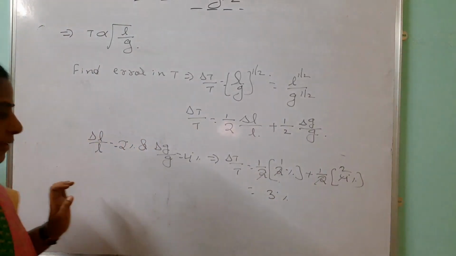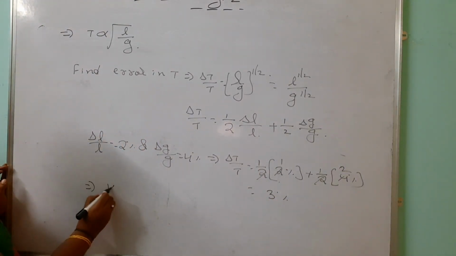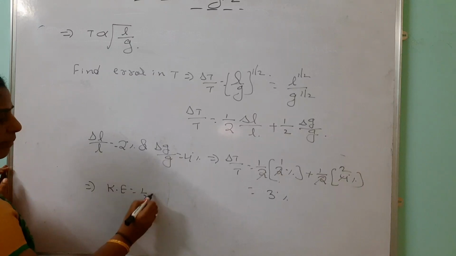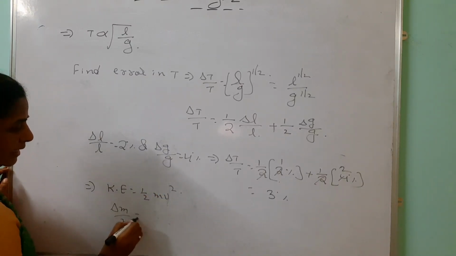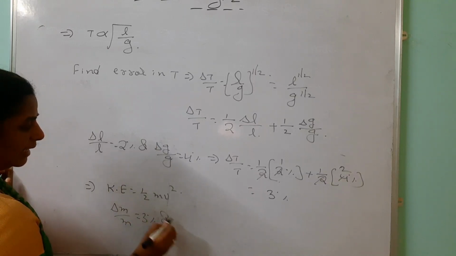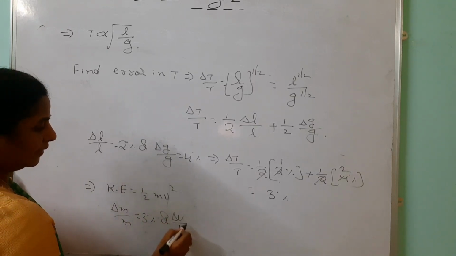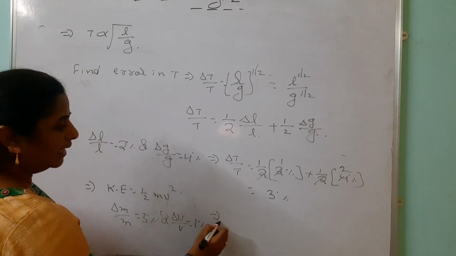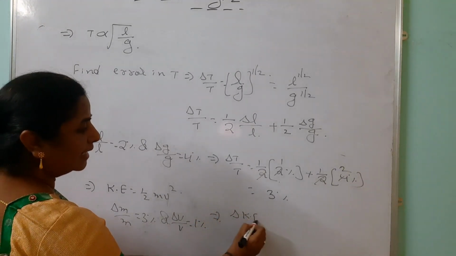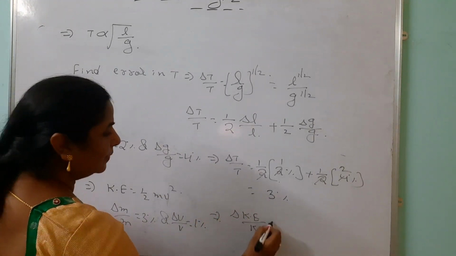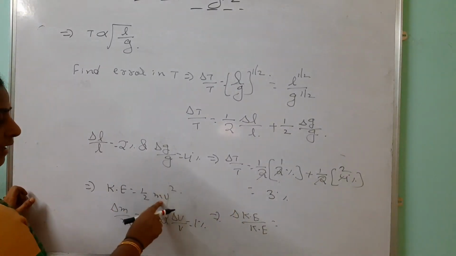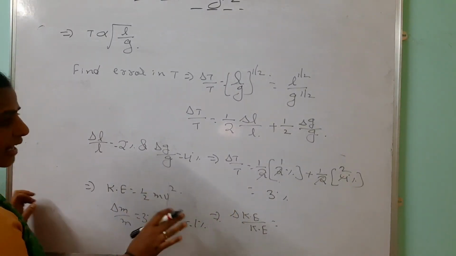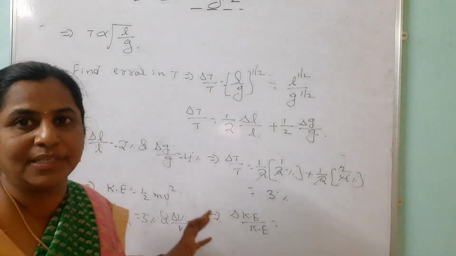Not only this one, what is the kinetic energy formula? KE equals half mv square. They are giving error in mass is 3% and error in velocity is 1%. Find the error in kinetic energy, means delta KE by KE equals, see, we should write it, power is how much? 1. Don't take this constant, we are not applying the units and measurements to the constant.